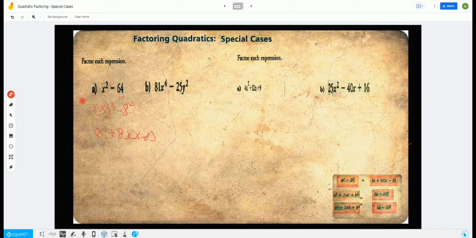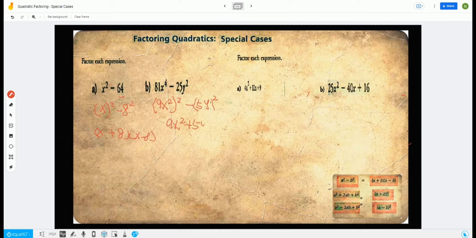For the second one, 81x to the power 4 is 9x squared, by the power rule, and 25y squared is 5y squared. So we change it to a difference of squares: 9x squared plus 5y times 9x squared minus 5y. This is done, and we cannot continue to factor it.